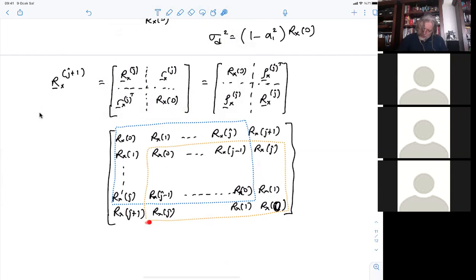Or I use the orange dashed matrix as here. And on top of it, rho Xj transpose is from Rx1 to Rxj plus 1. So rho and R vectors are just interchanged in the orders. One of them is from the first to J plus 1. The other one is from J plus 1 down to 1. Okay, they are in reverse order.